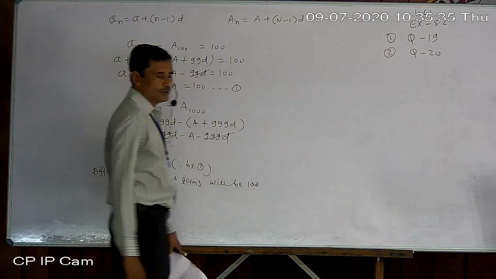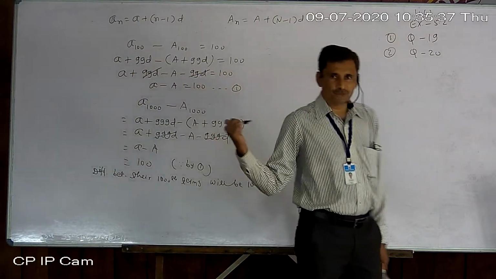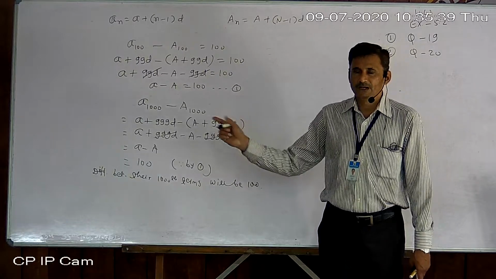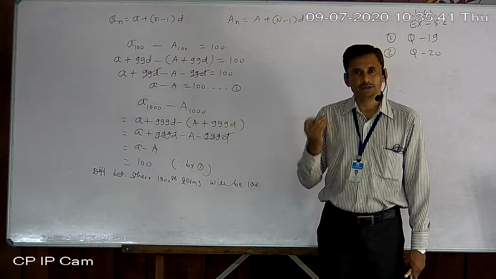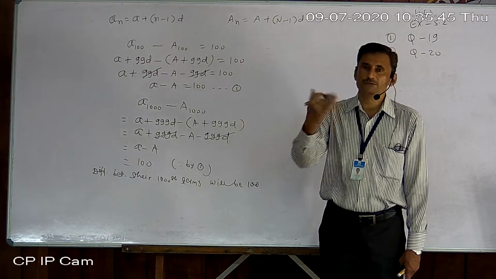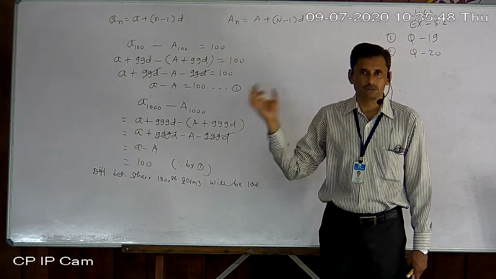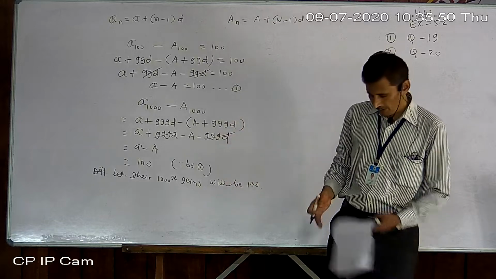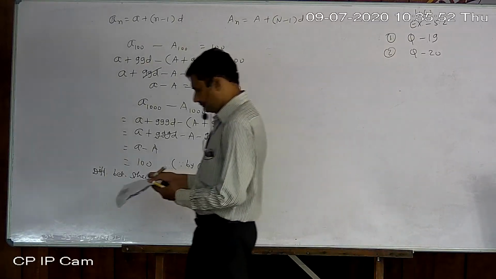Okay, as I told you at the start, before starting this one, I gave you one example. That will remain constant only. If you find it the same way for the 2000th terms, then also it will be 100 only. Okay. Now look at number 15.